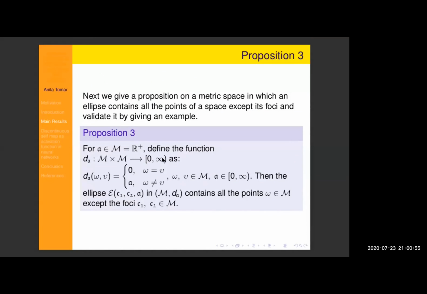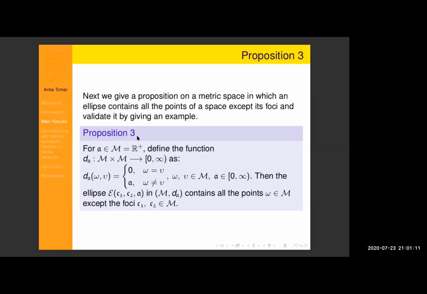Now this is one more proposition which shows that in any metric space, an ellipse can contain all the points of the space except its foci, and we validate it by giving an example.